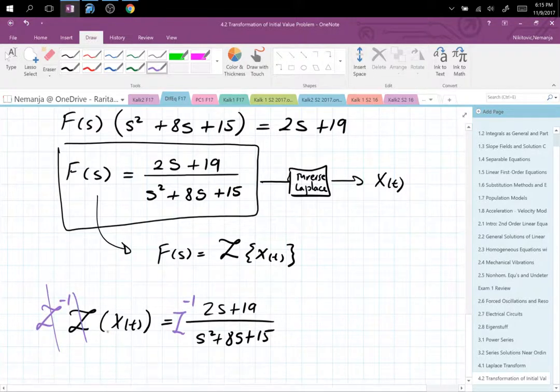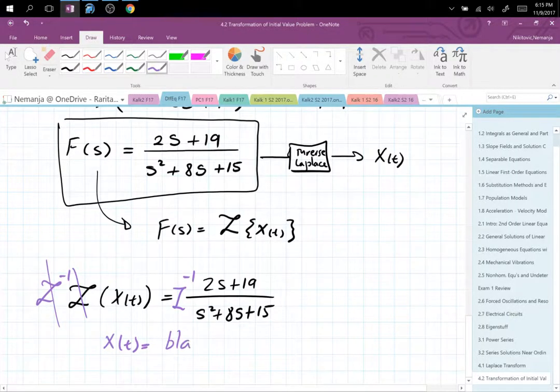They cancel on this side, and you get your x of t equal to whatever the inverse Laplace gives you. We are not there yet, so I can't do that piece. But I just gave you the outline for solving differential equations using Laplace 100%.